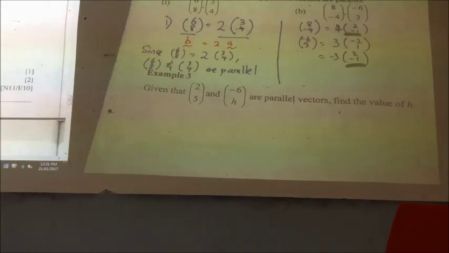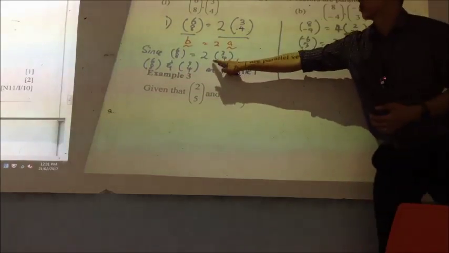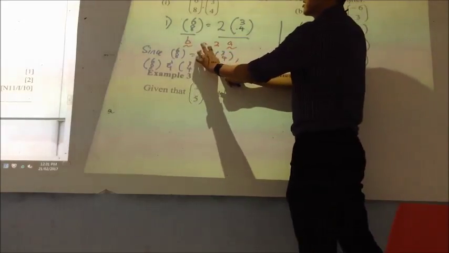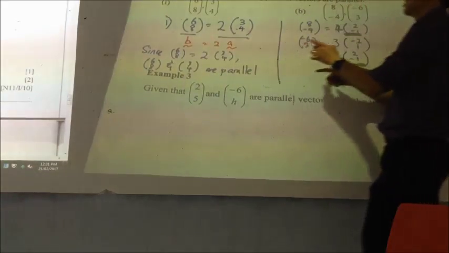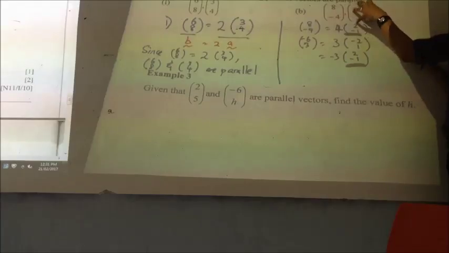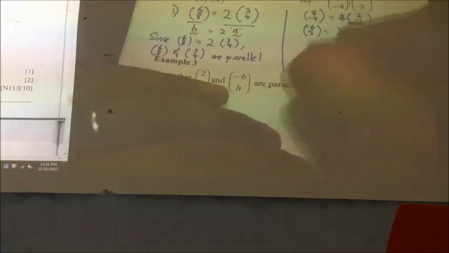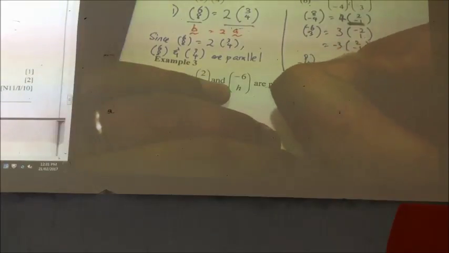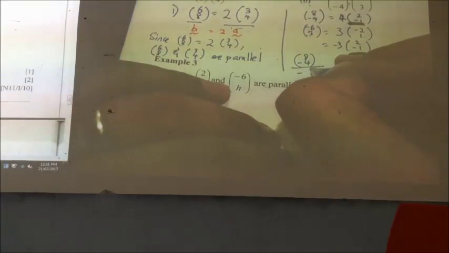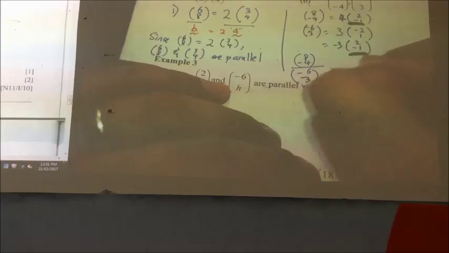Okay, done. The second one, is this parallel? Confusing, because I want to use the same way to present. The same way means I should have a number and 2 vectors like that. Now what you can do is take this vector, divide by this vector. I show you. So I write 8, negative 4, divide by 6, 3.